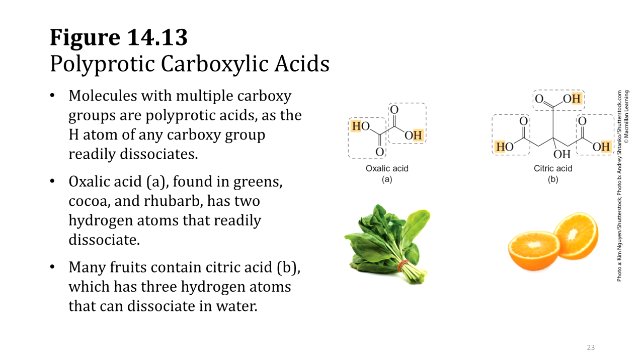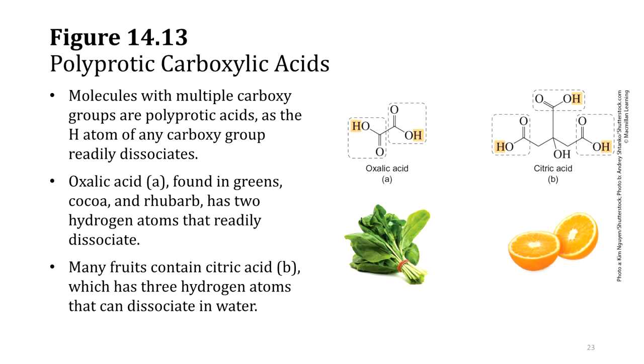So you've got 2 CO2H's on one small molecule. This is commonly called oxalic acid, and it's found in a lot of vegetables, also found in cocoa. It turns out that it's very prevalent in spinach.